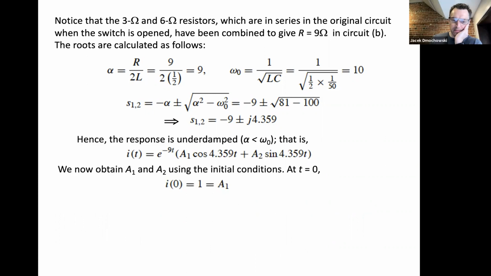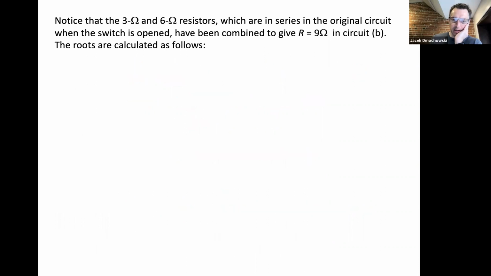And maybe I'll try to draw over top of this at my own peril. So we had an R, an L, and a C. Hopefully I don't screw this up.